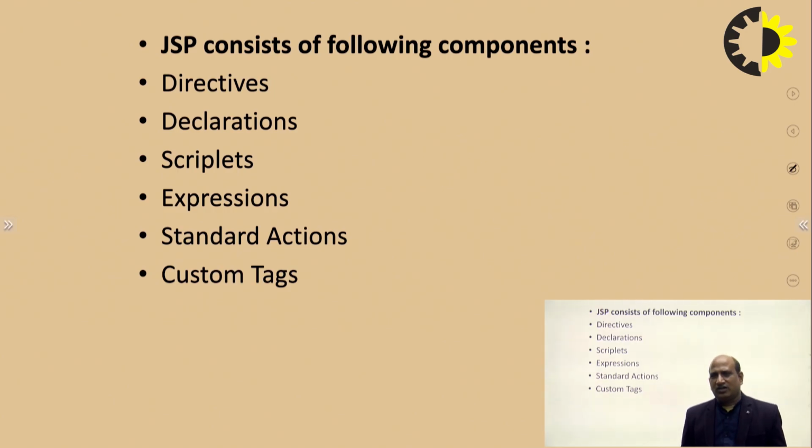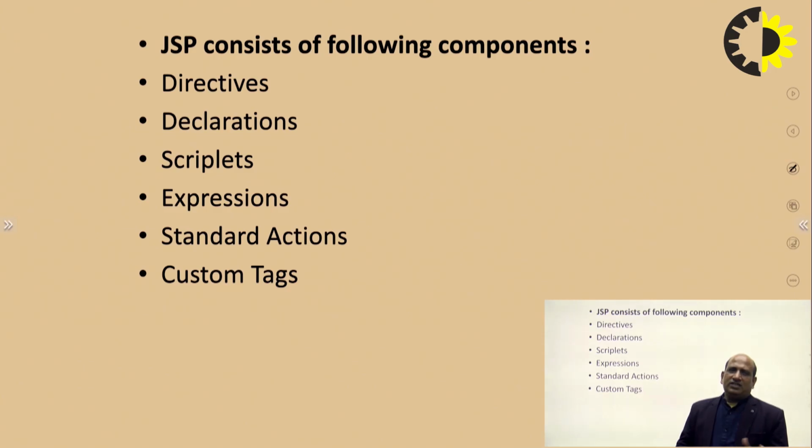HTML is used for the static components of your web page, of your web application, and Java is used for the dynamic content, to develop the business logic of your web application. So we can collectively say that it is the collection of HTML and Java.